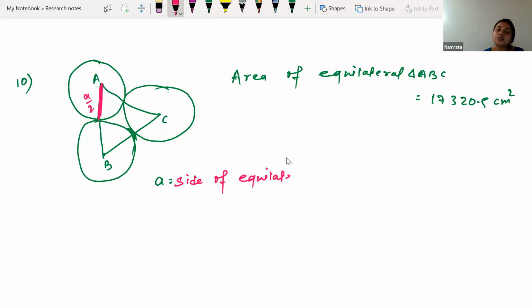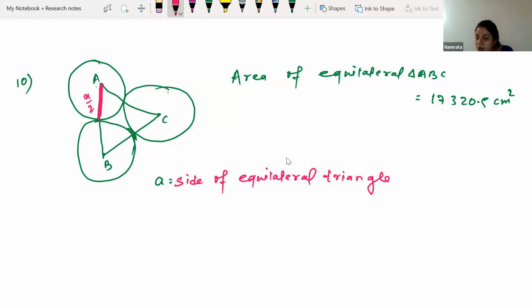That is the given condition mentioned in the question. If the side of the triangle is 10 centimeter, then the radius of each circle is half of that, 5 centimeter, 5 centimeter, 5 centimeter.